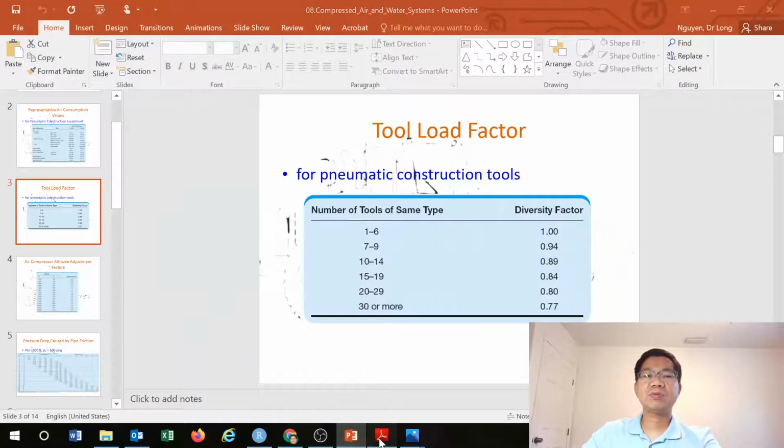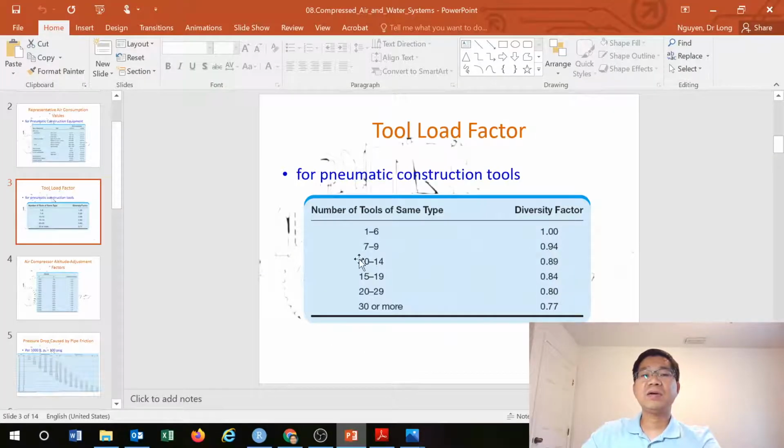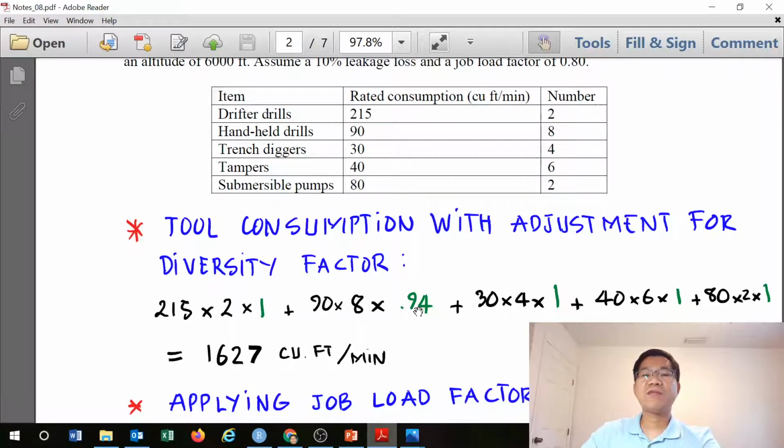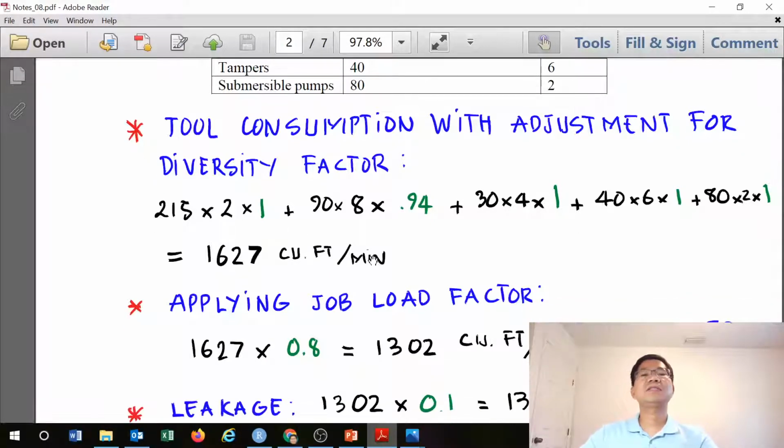Then the second one is 8 handheld drills, each 90, times 8, and the diversity factor, as you can see, between 7 and 9 is 0.94. Similarly, trench diggers: 4, so you have 30 times 4, with 1, and for 6 also 1, and 2 also 1 for the diversity factor. So the tool consumption is 16.27 cubic feet per minute.